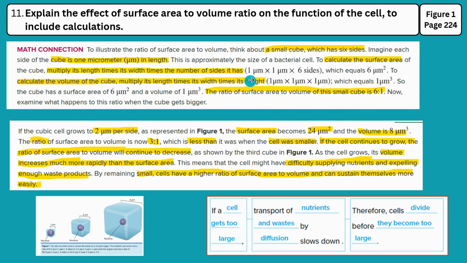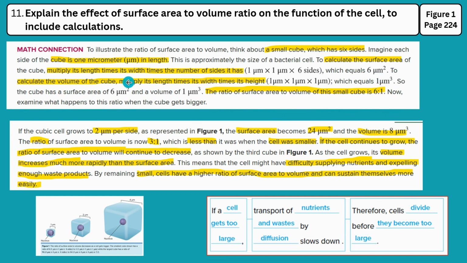If the side measurement is 1 micrometer, because it's a cube, all the sides are going to be equal. So 1 micrometer times 1 micrometer into the number of sides. There are 6 sides. We use this formula and we get the answer as 6 micrometer square. This is the surface area.